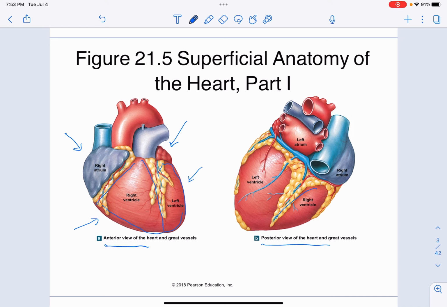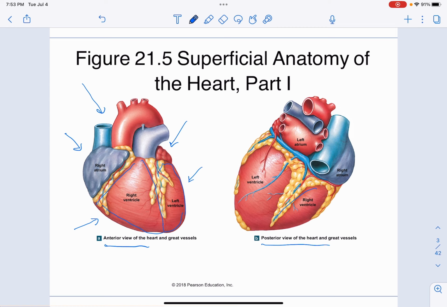And you can see the two upper chambers. We will talk more about the great vessels of the heart, which are all the vessels here at the top that are coming off of the heart. We'll touch on it a little bit today, but we'll talk more extensively about it when we talk about circulation and we go over all of the named vessels.